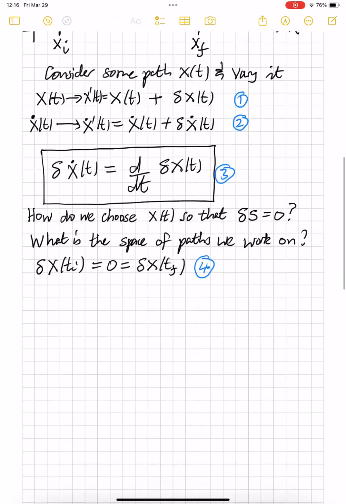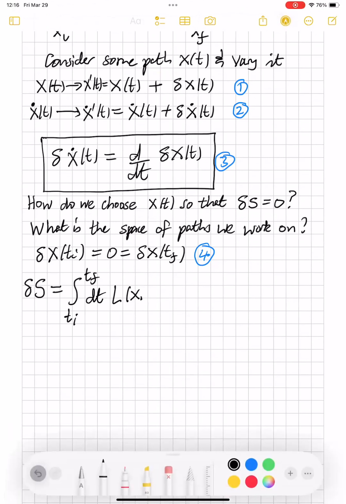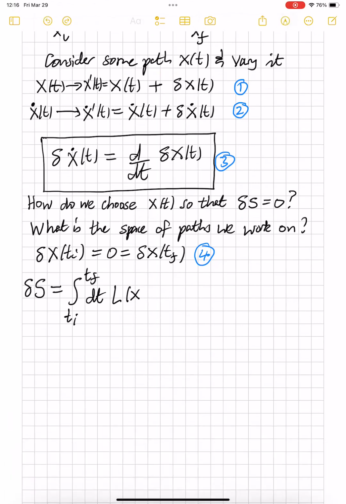Okay, so delta S should be equal to the integral from ti to tf dt of L of x plus delta x, and x dot plus delta x dot. And we want the change in the action, so let's subtract off the value of the initial action.